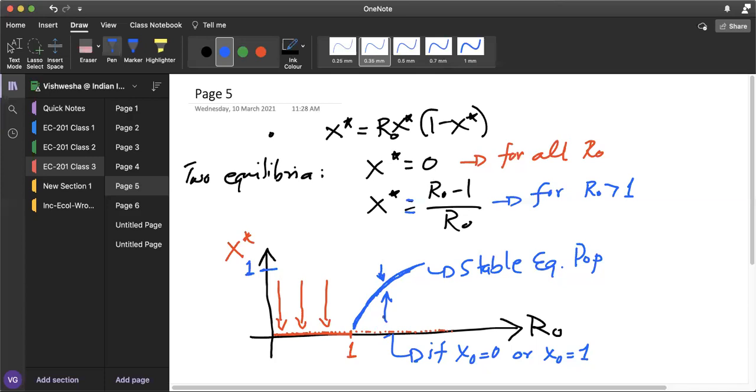Because R0 is greater than 1, it will actually start increasing. The population initially was equal to 0, I have introduced a small number of individuals, and then it actually begins to increase. That means the perturbation that Raghuram made is increasing with time. So therefore, 0, extinction, is an unstable equilibrium.